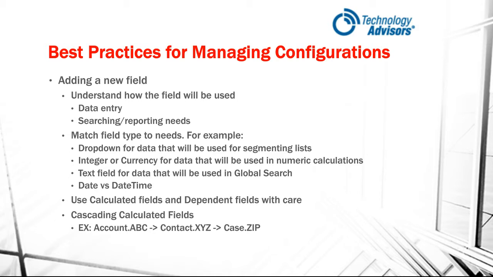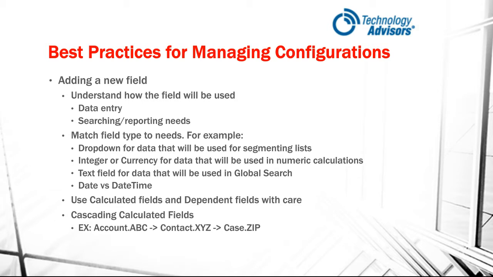Also, if you are using calculated fields, you can, like I said, pull data from a parent record down to a child record. And if you start cascading those down multiple levels, for example, you may have a contact field that's based on a parent account field and then a case field that's based on that contact's field.